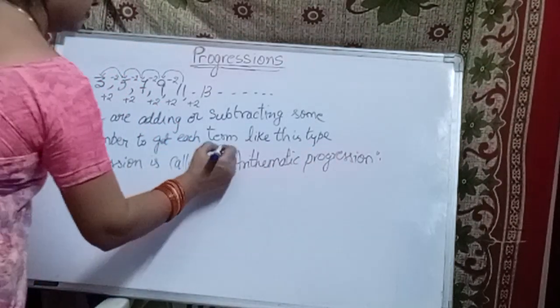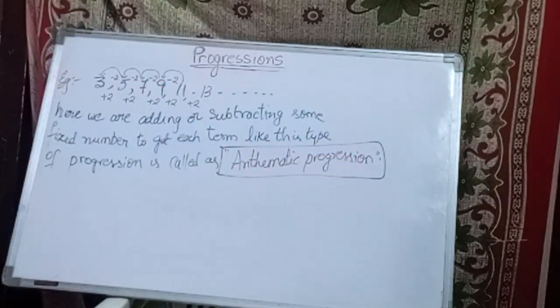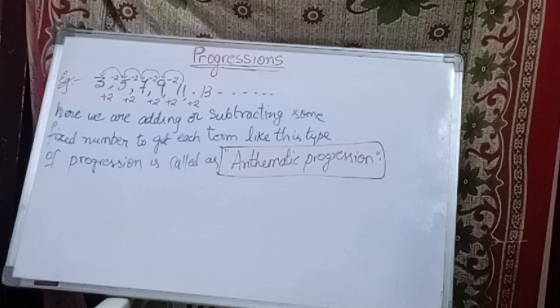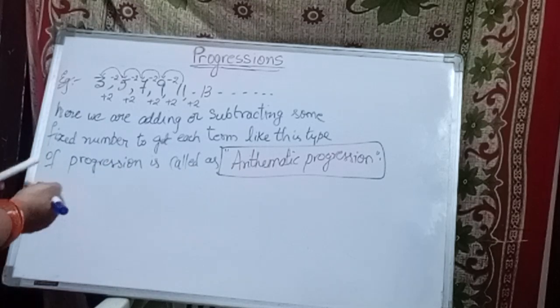The progression in which some fixed number is added or subtracted to get each term. This type of progression is called an arithmetic progression.